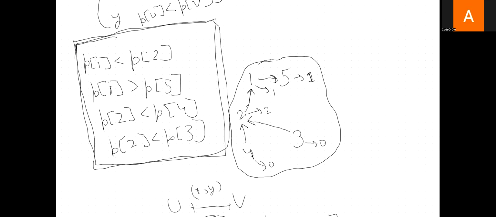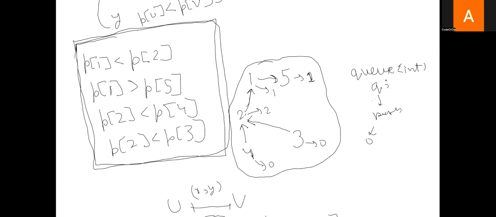After calculating in degrees, I will make a queue and push all those elements which have in degree equal to 0.